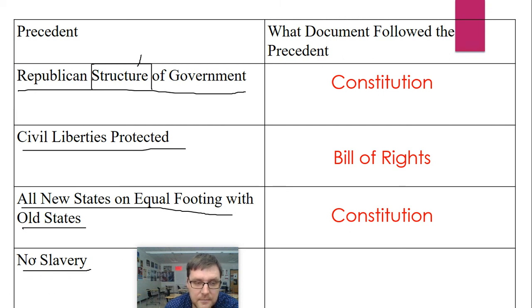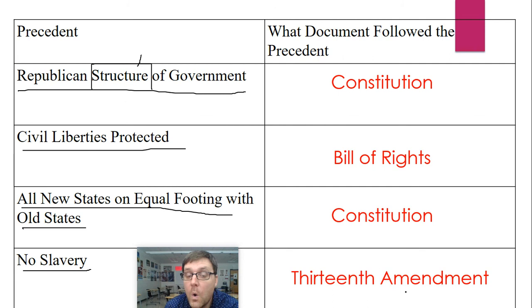That's the precedent set. No slavery in the Northwest Territories. What said no slavery throughout the entire nation later? The 13th. I assume that most of you got that one first. So, good work, everyone.